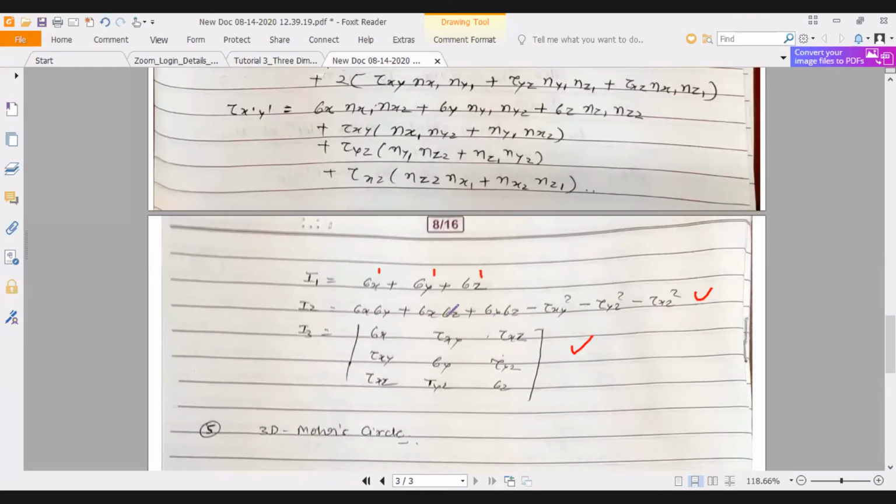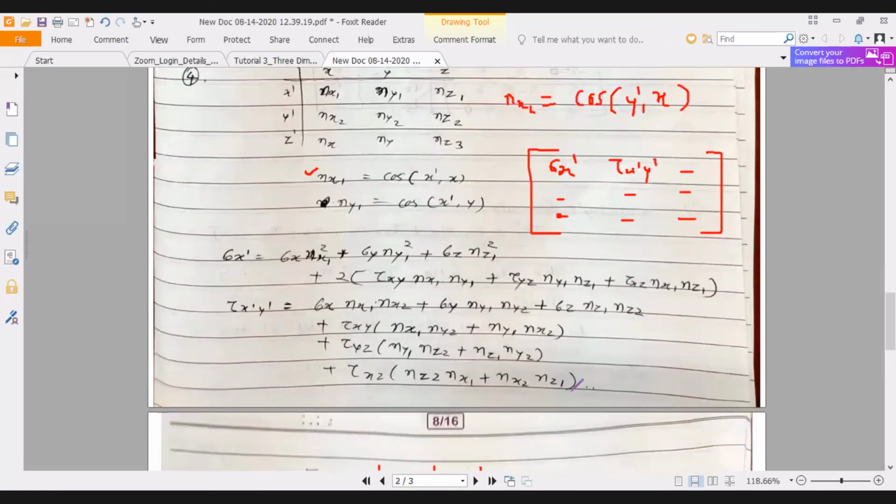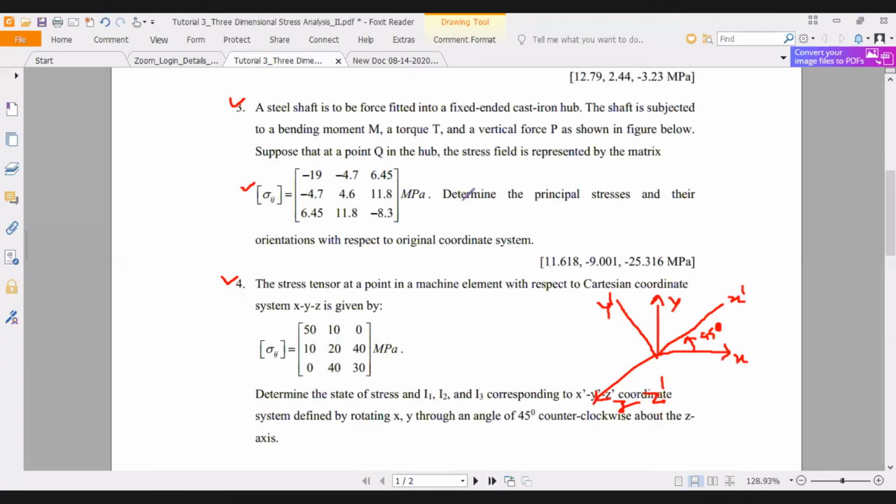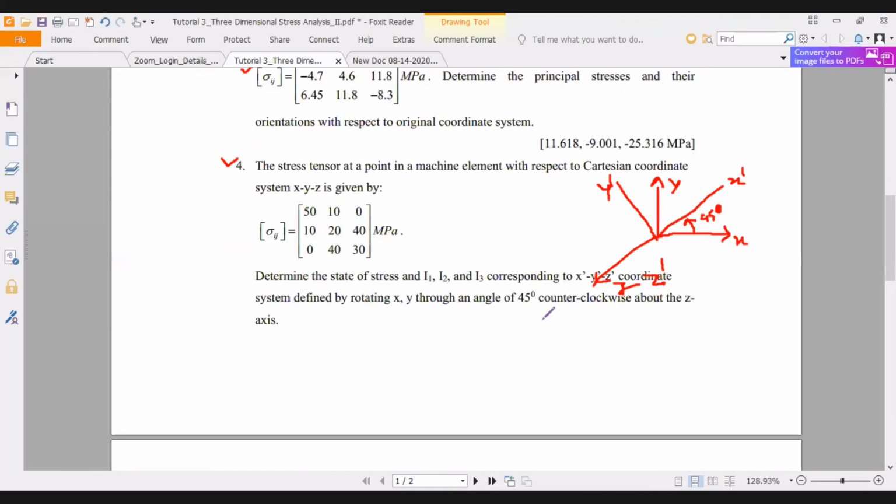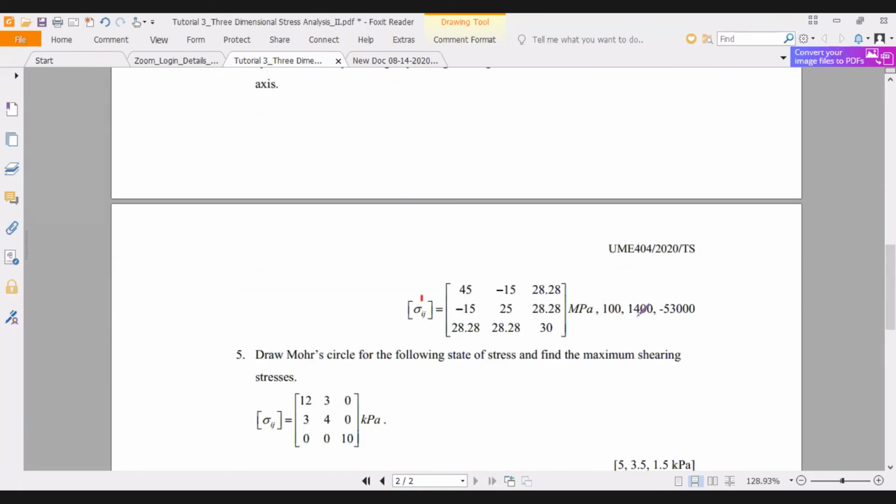Okay, now moving on, do you have any problem in this question number 4? So this is the answer: the sigma ij stress field in the modified coordinate system and the corresponding stress invariants.